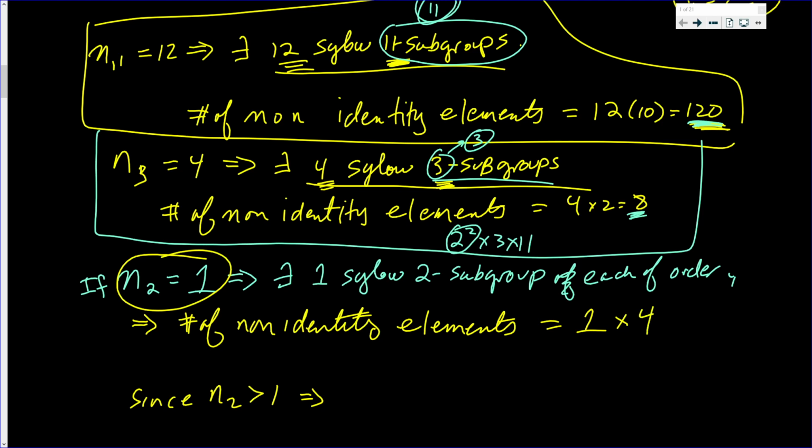Now, this time I'm going to count all 4, because I'm going to count the identity element. This is 3 non-identity elements plus the identity element. So that's 4.